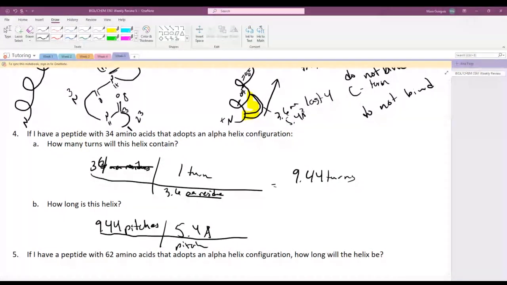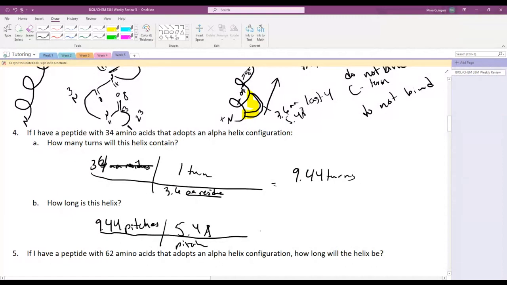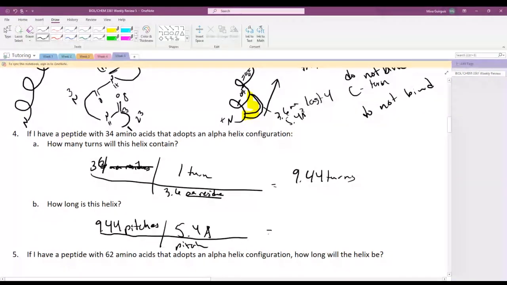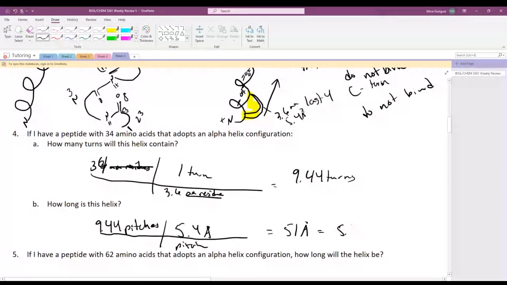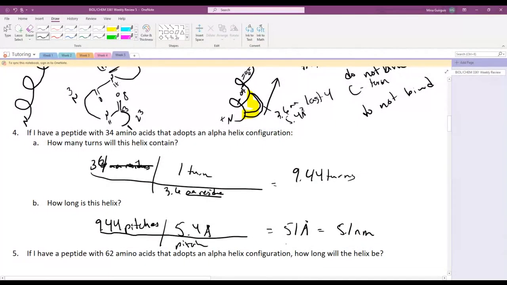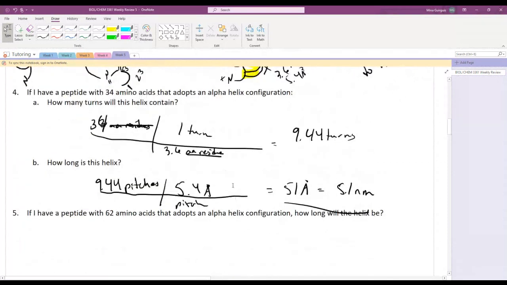So we can just multiply those two, and we get 51. Okay? So this thing is 51 angstroms long, or 5.1 nanometers long. This is another one of those things that we need to be very comfortable with. They love giving you numbers in angstroms and then giving you an answer in nanometers. Okay, that conversion is very common.